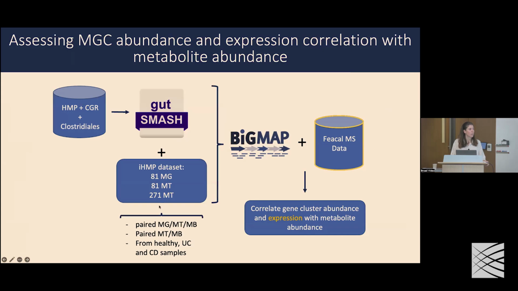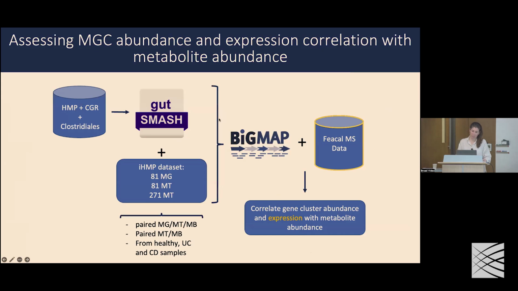Then there were 271 metatranscriptomic samples that were only associated with metabolomic data. And all of these samples come from healthy, ulcerative colitis and Crohn's disease samples. So we had different phenotypes in here. But the interesting part is that we had different types of paired data and metatranscriptomic data also.